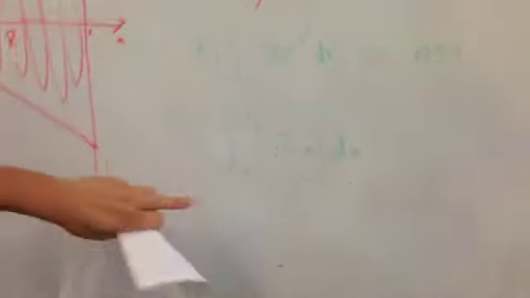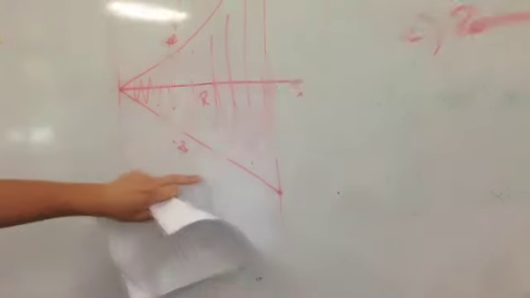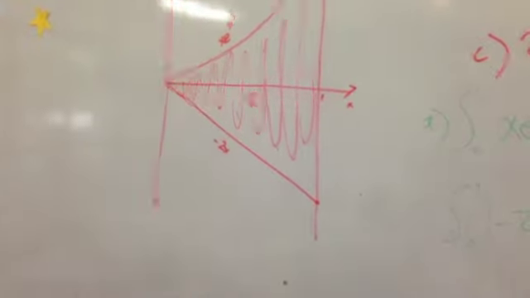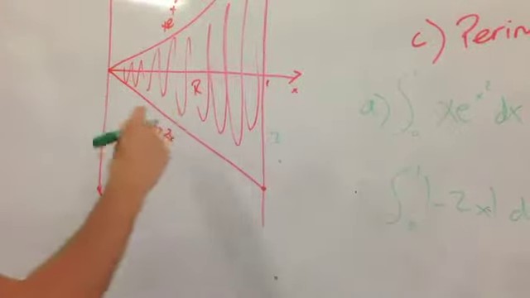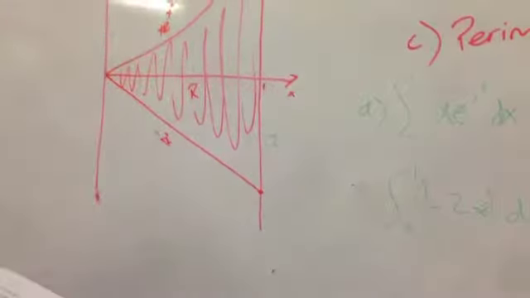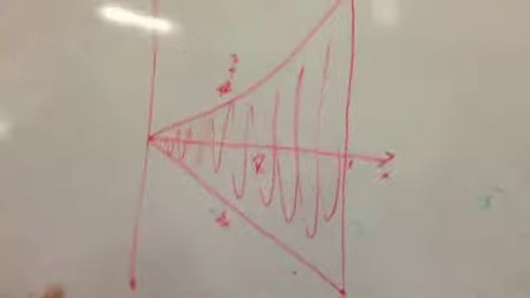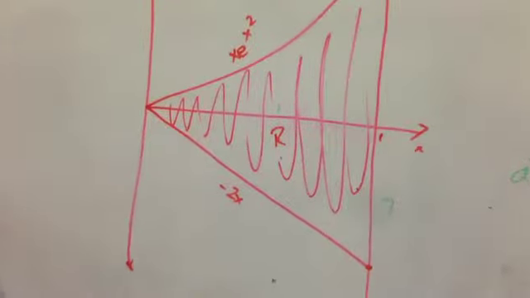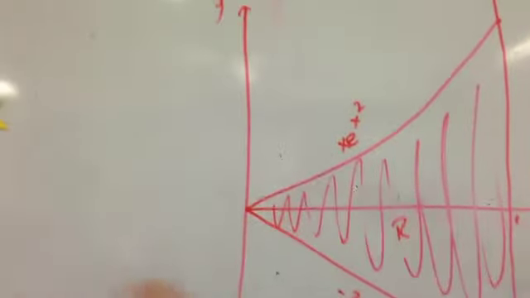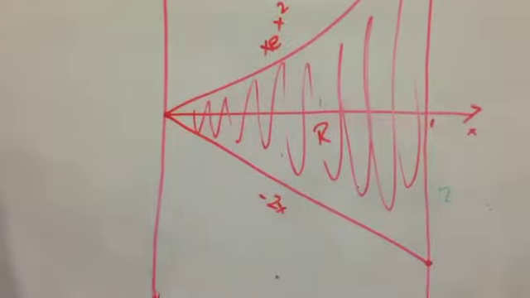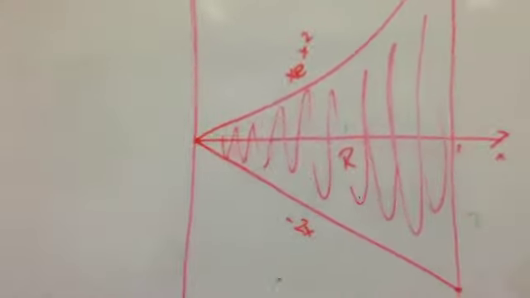So instead of plugging this in, we just treated it as a triangle. We knew this side would be 2, and this would be 1. We're looking for the area of a triangle.